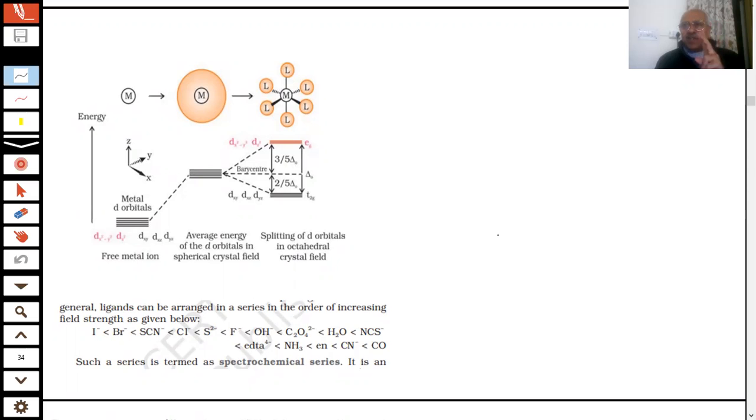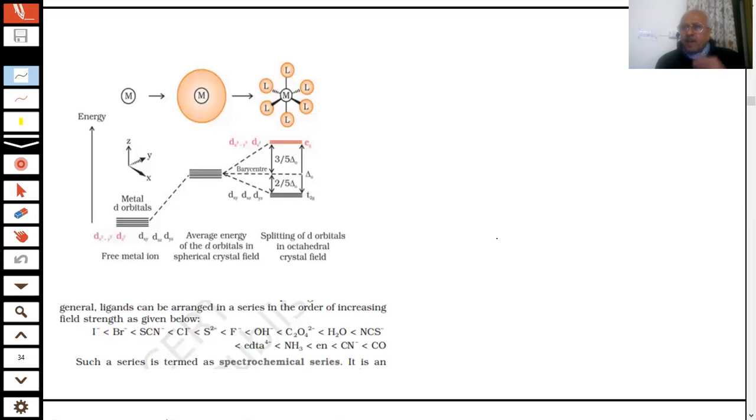I have discussed with you Werner's coordination theory. After that came the valence bond theory, students. The valence bond theory was given in order to explain certain magnetic and directional characteristics of the ligands attached to the metal ion.